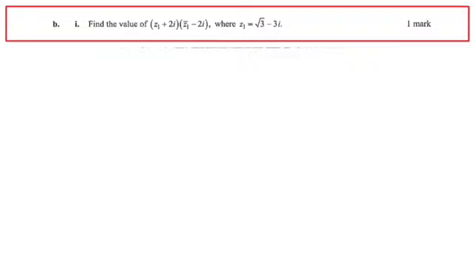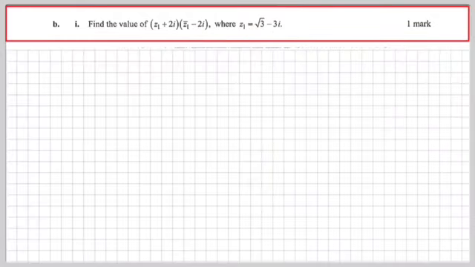Alright, what have we got here? We've got to find the value of this, where Z1 is that. Now, I just want to point something out to you guys. Having a look at this, this has got me a bit intrigued because I can see the elements of a circle there.